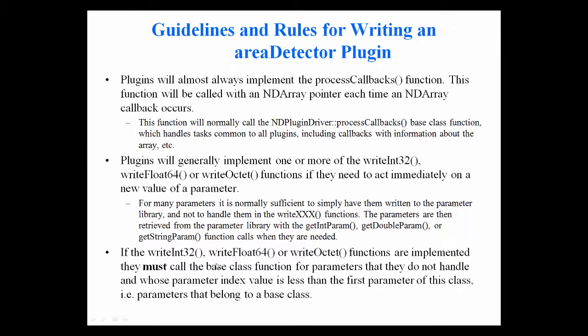However, if you do implement writeInt32, writeFloat64, or writeOctet, then those must call the base class function for the parameters that they don't handle and whose index value is less than the first parameter in that class, i.e. parameters that belong to a base class. We saw the same thing when writing drivers yesterday. You need to call the base class function.